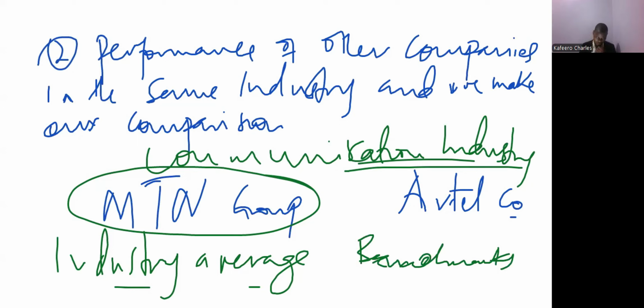Just like I've said, you can compare MTN Uganda with the sector average. The sector averages will, of course, be given to you if they want you to look at the performance based on the industrial averages.